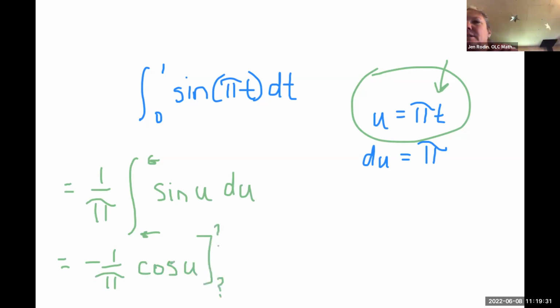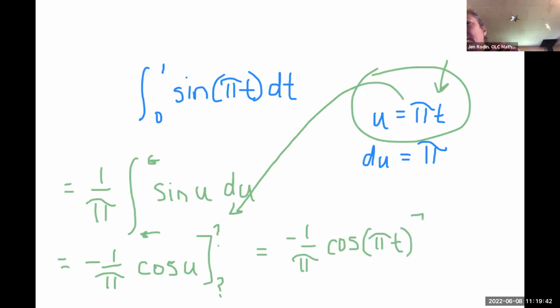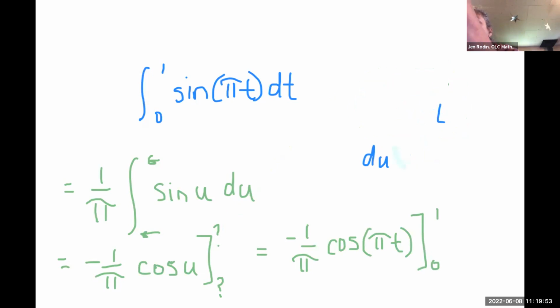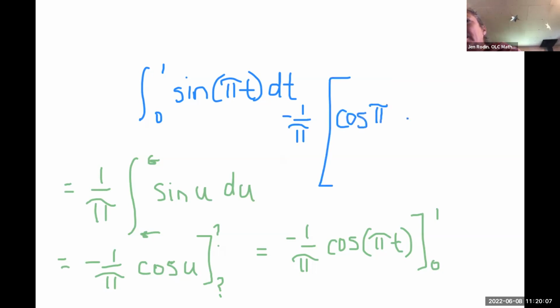So now let's just plug this back in for u and keep those limits of integration. So cosine of pi t, and then we can do that from 0 to 1. There we go. Which would be, let's finish that up right here: negative 1 over pi, cosine of pi times 1 minus cosine of pi times 0.